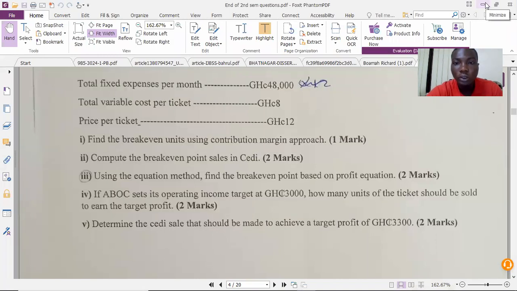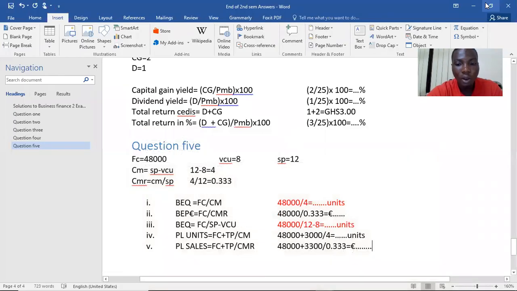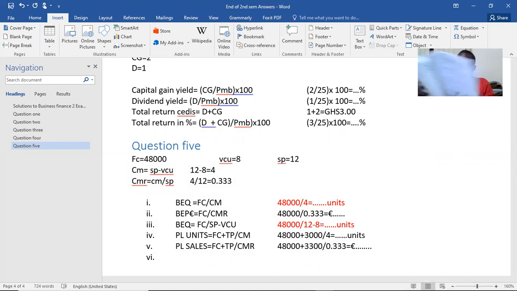Now, there are optional ones that I'll add, where they can ask you to find the margin of safety. They can ask you to find the margin of safety, either margin of safety in units, or margin of safety in percentage, or margin of safety in sales.